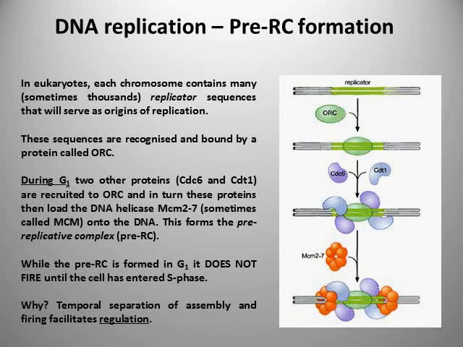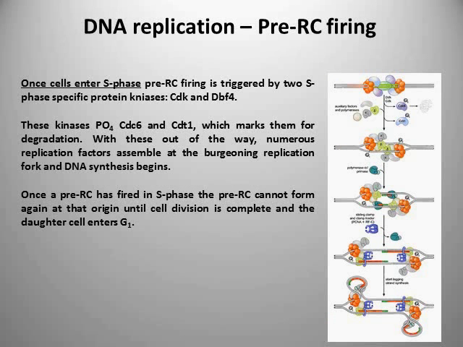And it completes so quickly because many thousands of origins of replication are all preloaded with pre-replication complexes and poised to fire, poised to initiate DNA replication once a signal's received and the cell enters S phase. We've already talked about what those signals are, the signals which are controlled by cyclin-dependent kinases within the cell cycle. So let's look in more detail at the exact signal which triggers firing of the pre-replication complex in S phase.